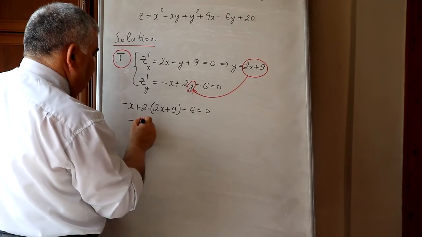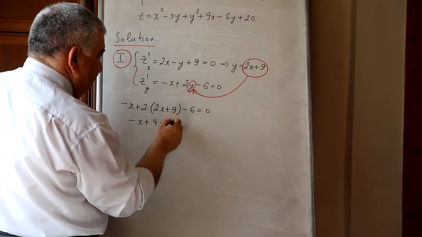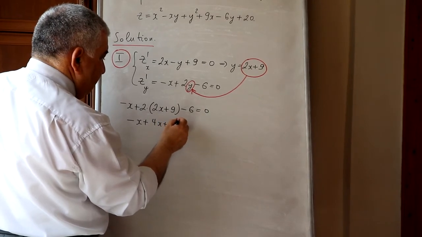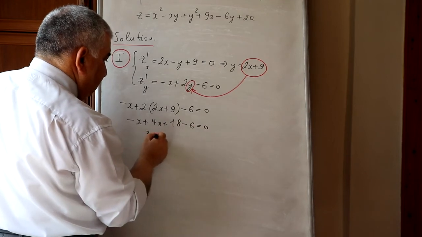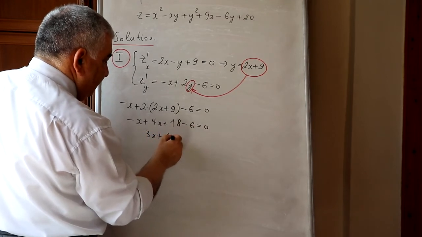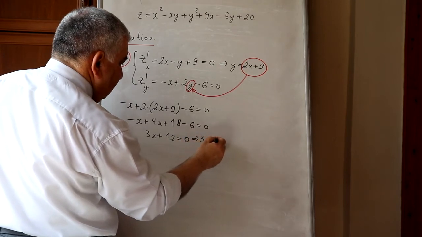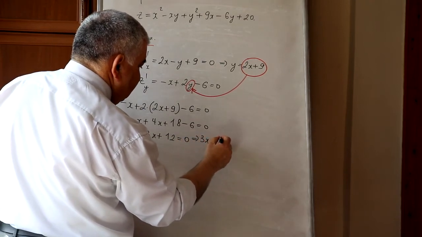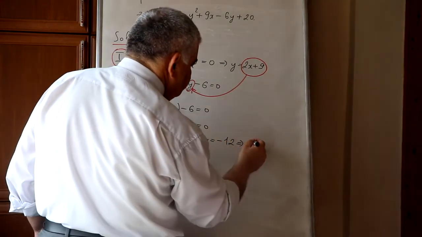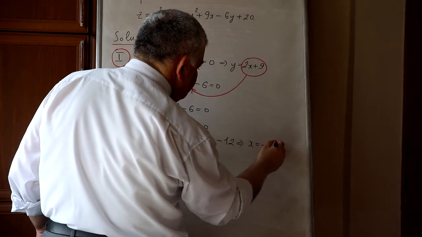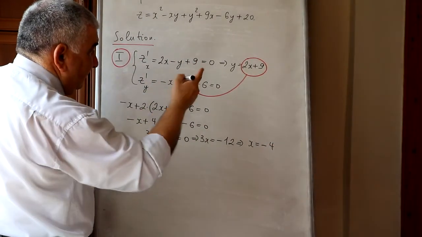Then minus x plus 4x plus 18 minus 6 is 0. 3x plus 12 is 0, 3x is minus 12, x is minus 4.